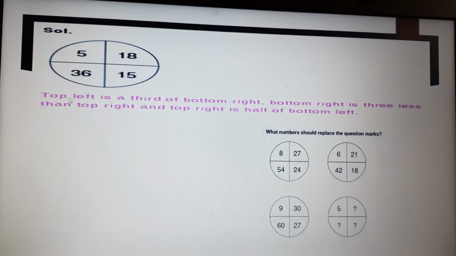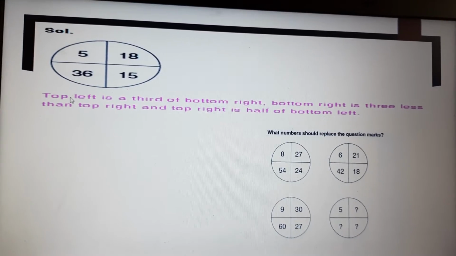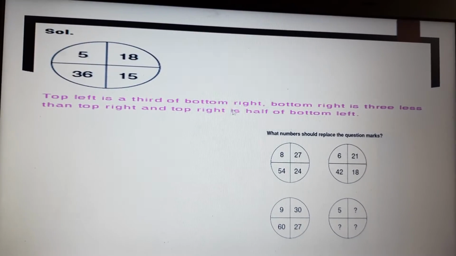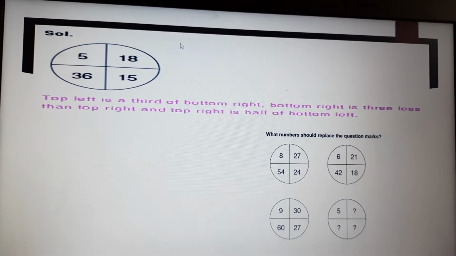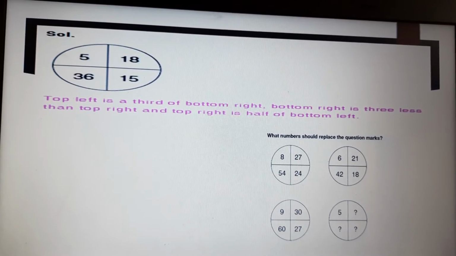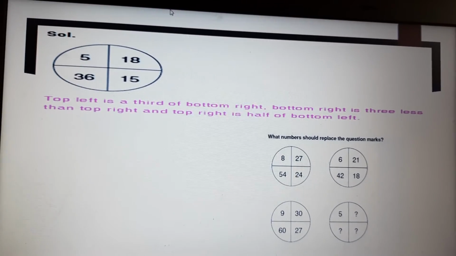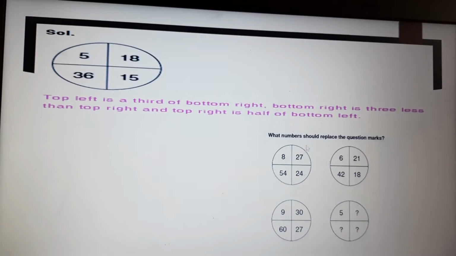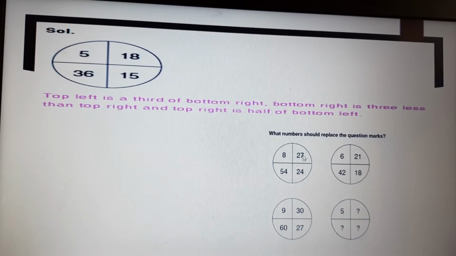So let's see the logic. Top left is a third of bottom right. Let's see the logic in the first circle.